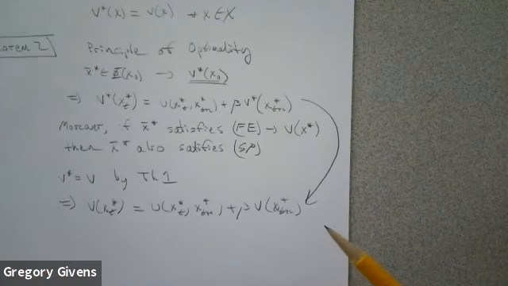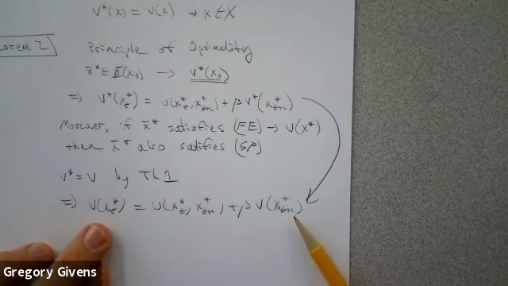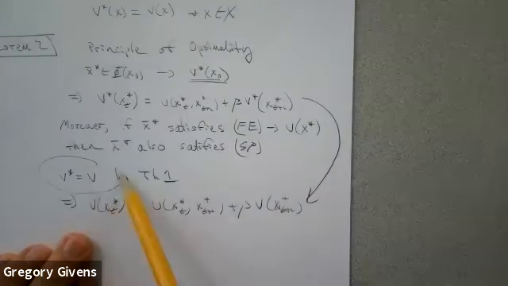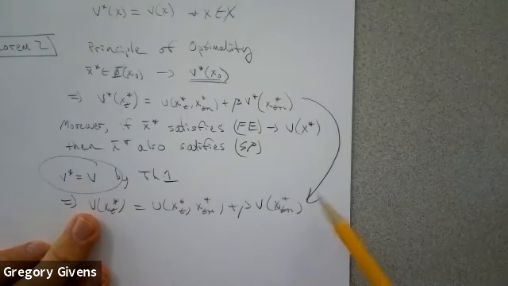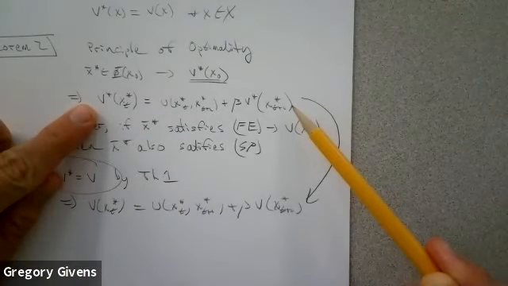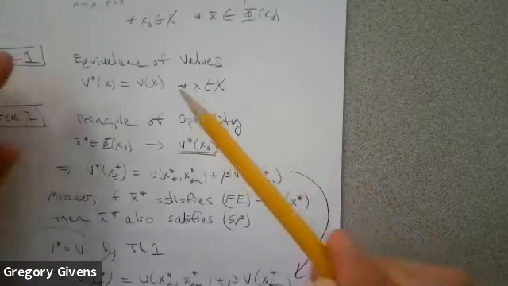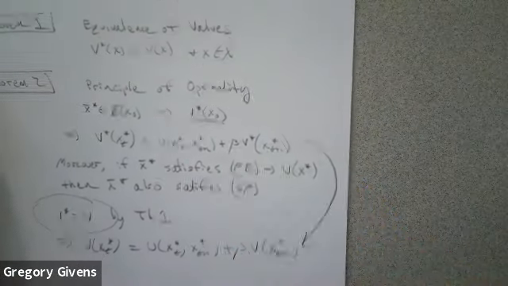That works in reverse as well. If we have found an X star that satisfies this Bellman equation, then because of the equivalence of values, it also satisfies this equation, which due to the principle of optimality is the maximized value of the sequence problem.